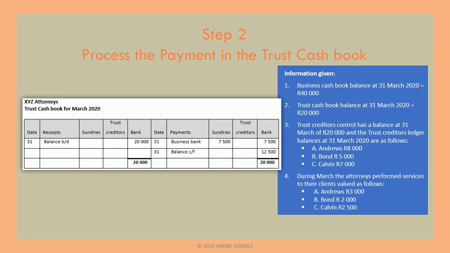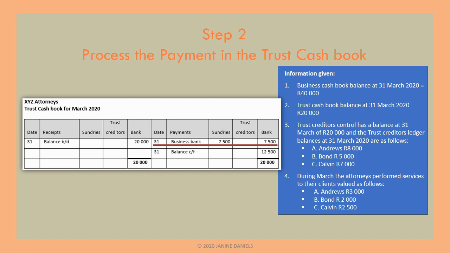The next step is to record the payment in the trust cash book to reflect the transfer to the business bank account. The entry should be made on the payment side, and the amount is the sum of the three transfers, which is 3,000 Rand in respect of A. Andrews, plus 2,000 Rand in respect of B. Bond, plus 2,500 Rand in respect of C. Calvin.